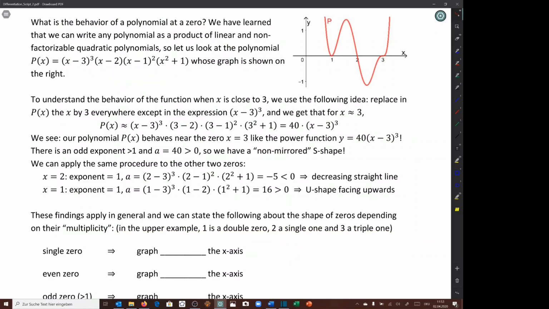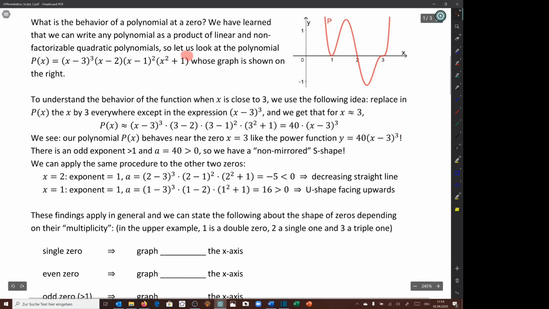Next, let us look at behaviors at zeros. We have learned that we can write a polynomial always as a product of linear and non-factorizable quadratic polynomials. So let us look, for example, at this polynomial here already factorized. Its graph is shown here on the right. And let us now look at the behavior of the polynomial function when the x value is close to 3.